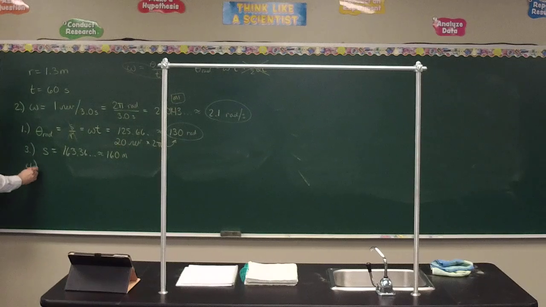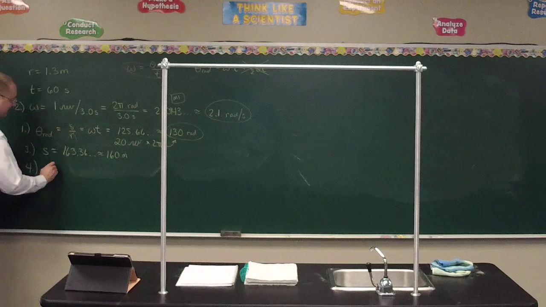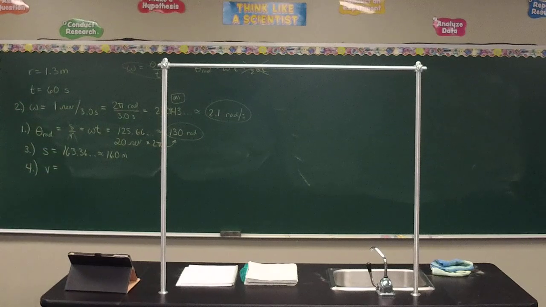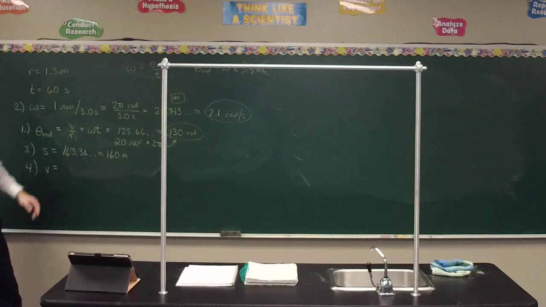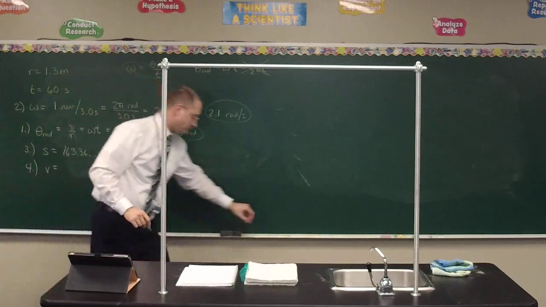Number 4 asks us to find the linear velocity. How do we represent linear velocity? A? That's acceleration. V, velocity, right? How do I find linear velocity, class? Angular velocity times radius. Well, we know the angular velocity. It's hopefully still in the memory of your calculator, the 2.094 and so on.